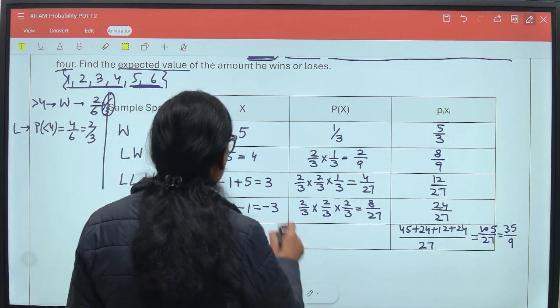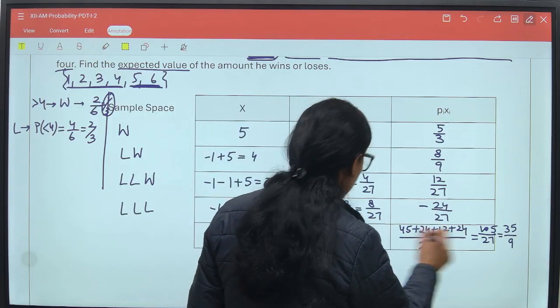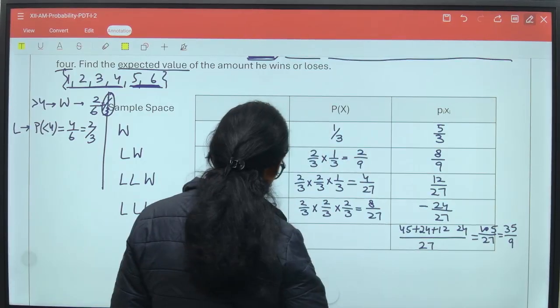Okay, you need to take care of this minus here. It was minus, so this term is minus, so it should be minus 24 here.